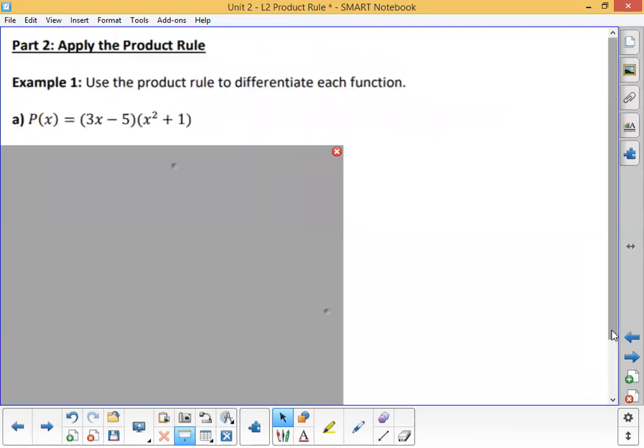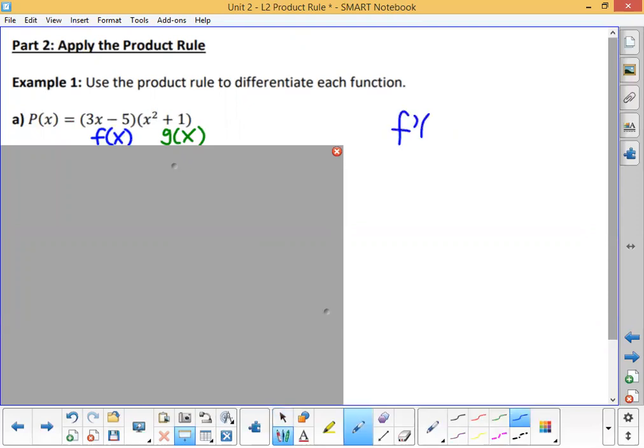So if we have something like this, where 3x minus 5 will be my f of x, and x squared plus 1 will be my g of x, that means we need f prime of x and g prime of x.